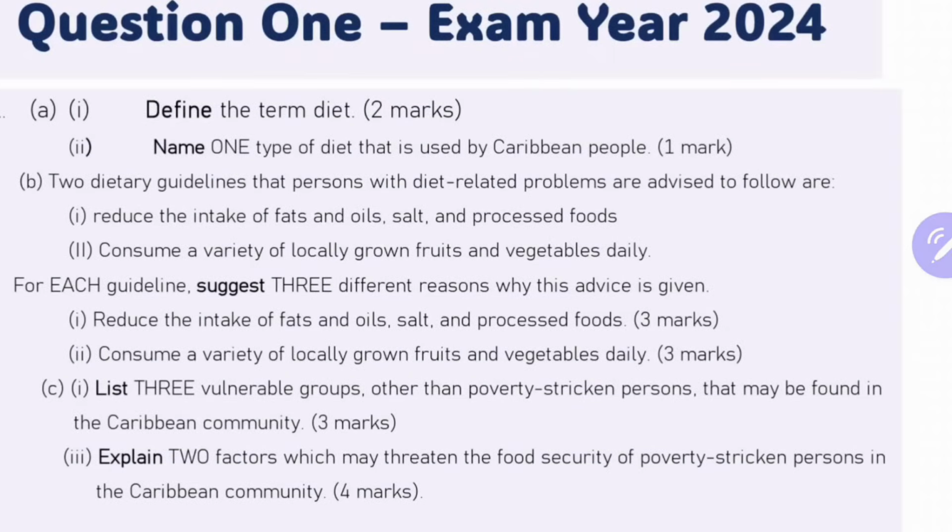It reads, define the term diet. 2 marks. Name one type of diet that is used by Caribbean people. 1 mark. Part B, 2 dietary guidelines that persons with dietary-related problems are advised to follow are: 1. Reduce the intake of fats and oils, salt and processed foods. 2. Consume a variety of locally grown fruits and veggies daily.